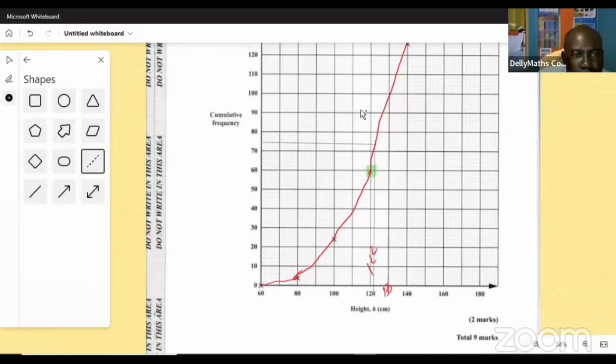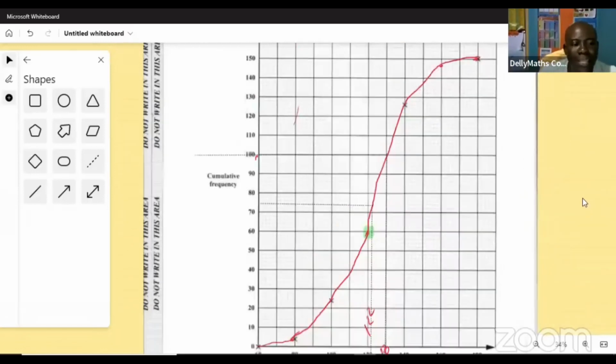We bring it across, and at 100 that's what I get. But that's not the answer, because they said that the height is bigger. So we want to go between this, because you're talking about bigger than that 130.